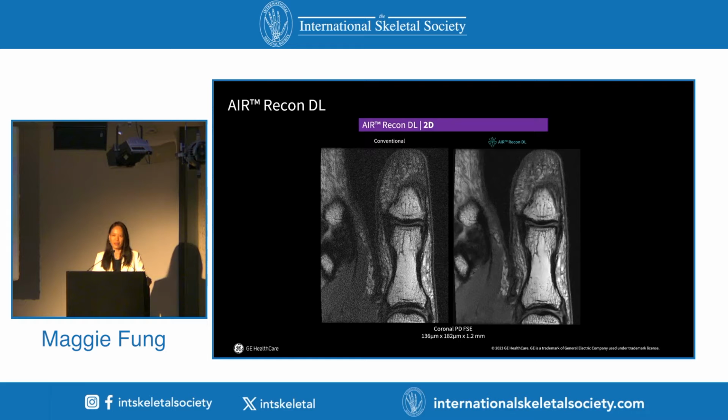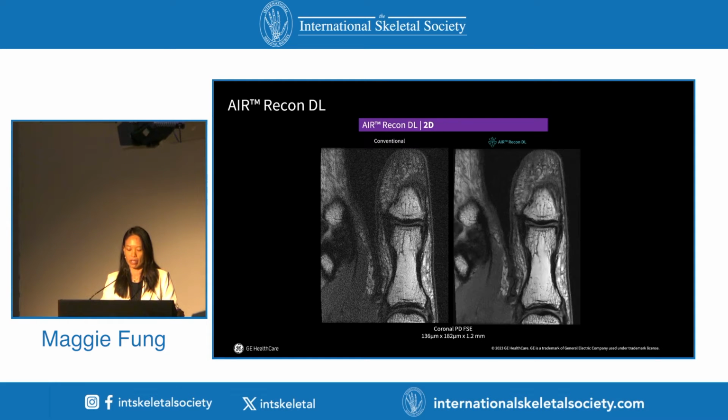So now we can do higher. Look at this exquisite image with our deep learning reconstruction. The left is before, the right is after. This is achieving 200 microns or less in-plane resolution with 1.2 millimeter thickness in a 6 centimeter field of view. You can see the increase in both SNR and sharpness using these deep learning reconstruction technologies.